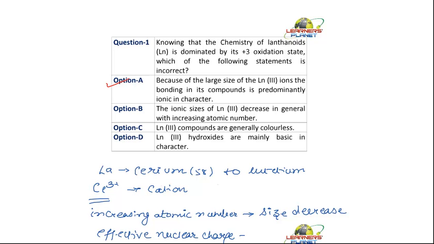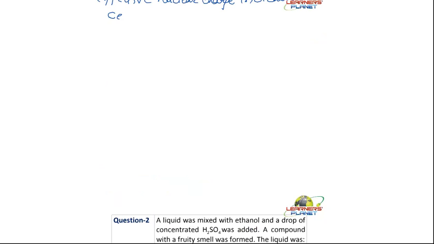The effective nuclear charge increases, because there is a greater effect of the effective nuclear charge, and this increases because of the lesser screening effect. Or you can say that cerium to lutetium are arranged from left to right in the period and the size decreases. Now students, here what is happening?